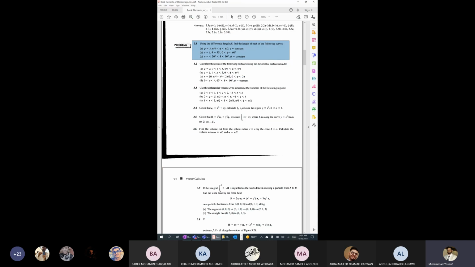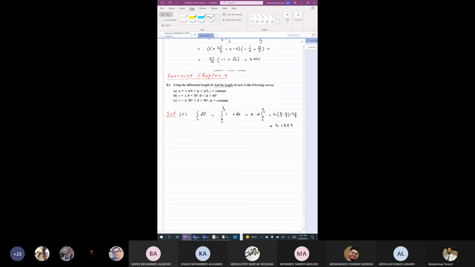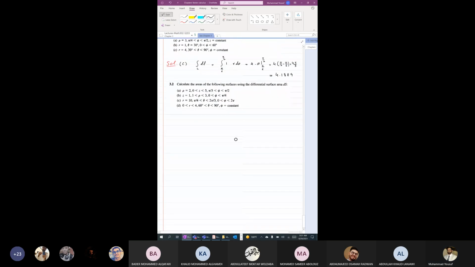Now you are seeing calculate the area. Now this is question number 2 with the ds. So here we need to find area.